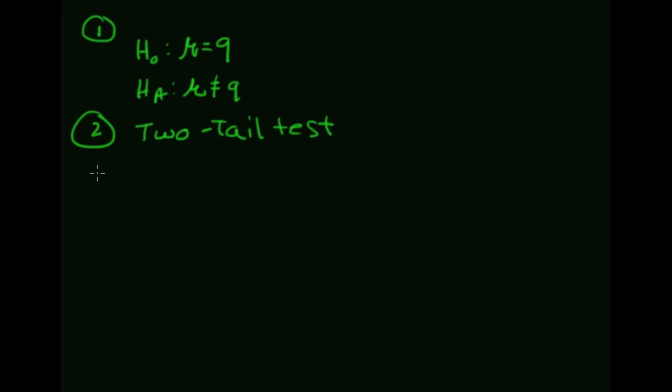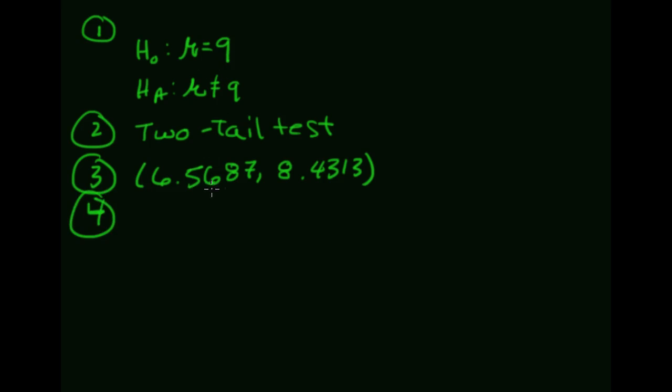Let's look at that interval. The interval is 6.5687 to 8.4313. 9 is clearly not on that interval, so we reject the null hypothesis. 9 is not on the interval.